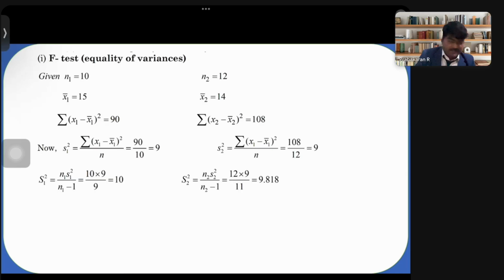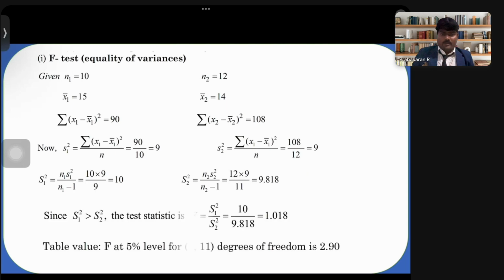Then we found the capital S1 square and S2 square, comparing them; the greater quantity goes in the numerator. We got the F ratio as 1.018. The degrees of freedom are first sample size minus 1 and second sample size minus 1: 10 minus 1 is 9 and 12 minus 1 is 11, that is V1, V2, 9 and 11.